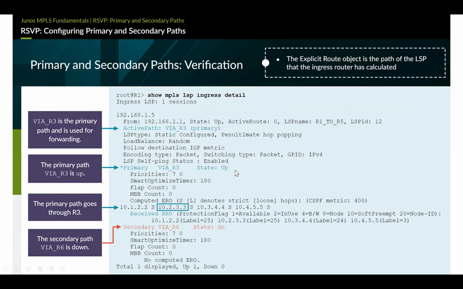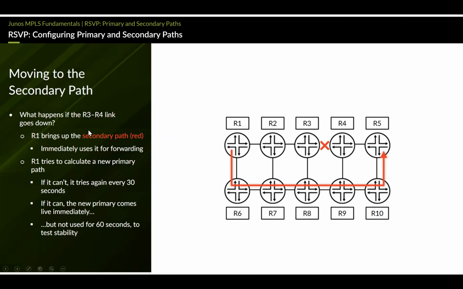Let's move on to the secondary path. If I just shut down this link, traffic will automatically travel through router 6 as a secondary path. It tries to calculate a new primary path.